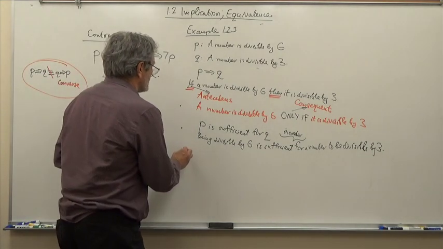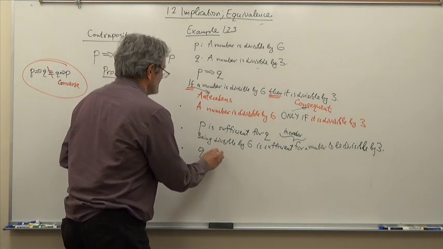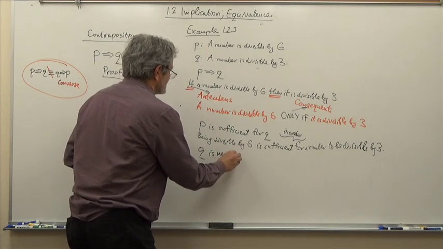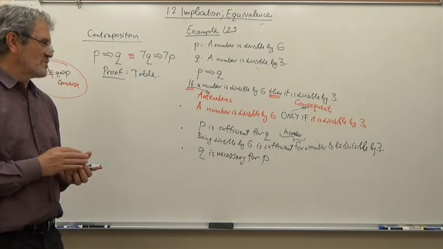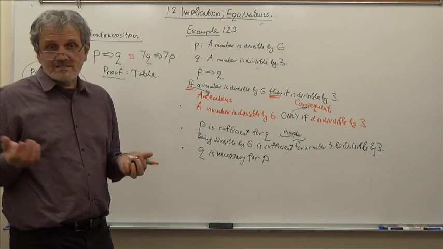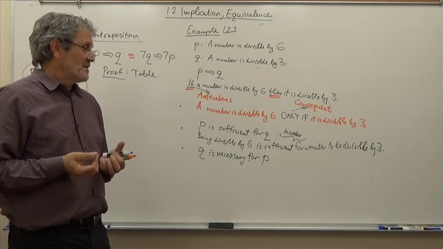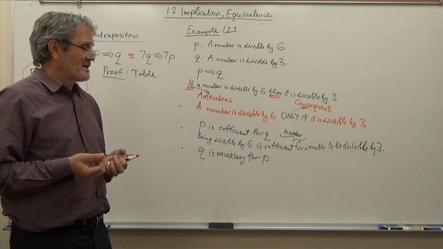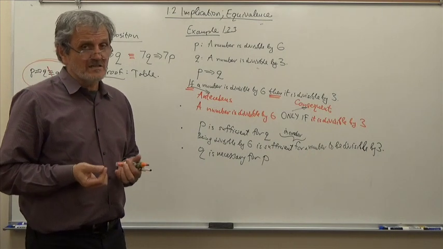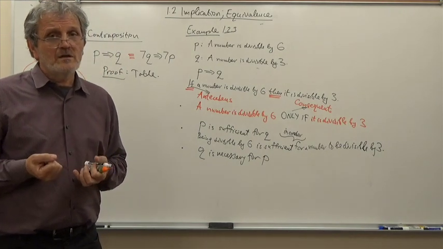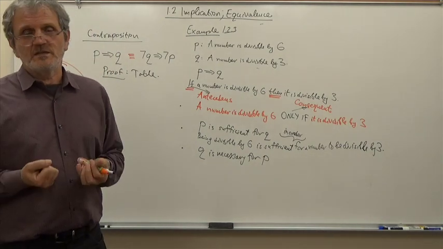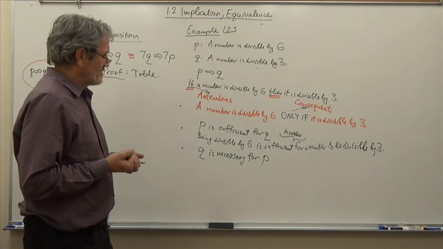And the other way around, Q is necessary for P. So we would say, and common sense confirms, that being divisible by 3 is necessary, not enough, but necessary for a number to be divisible by 6.